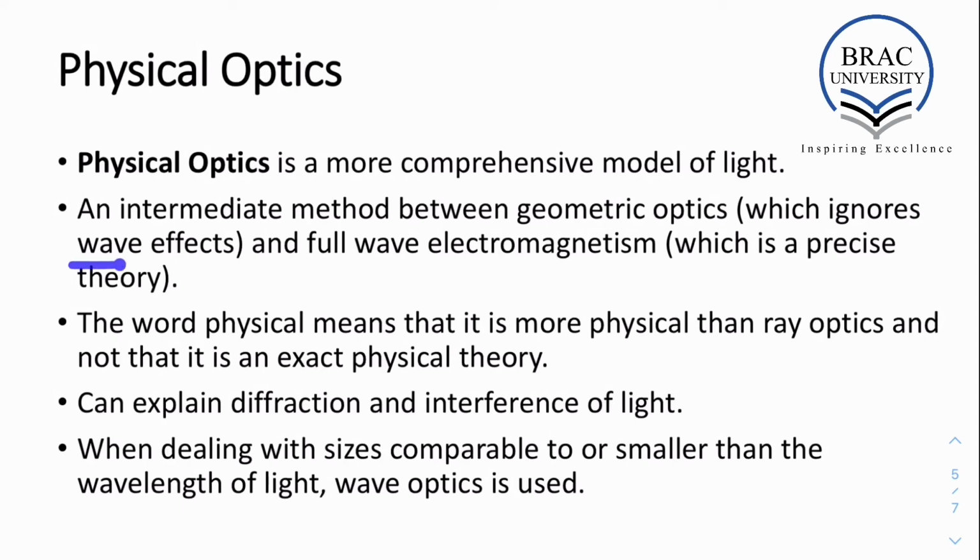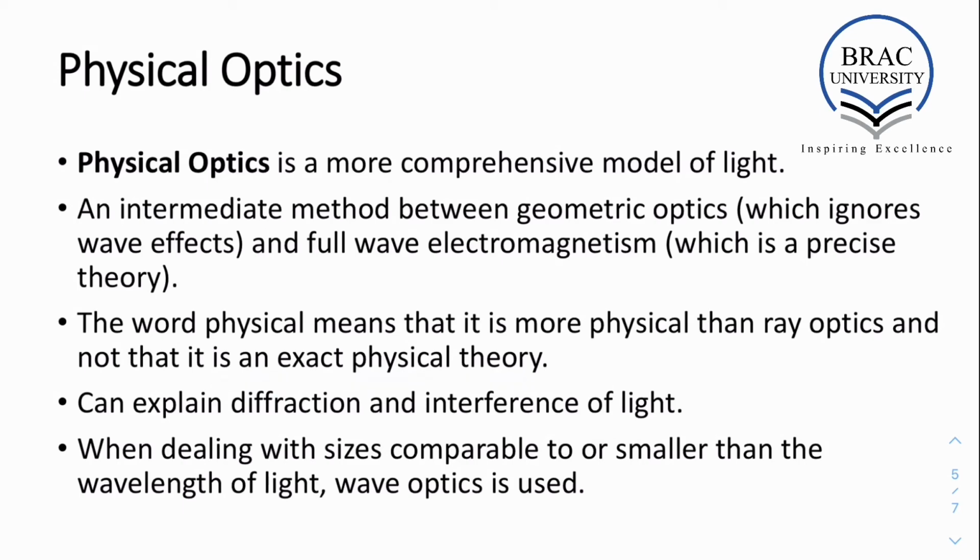Geometric optics fully ignores the wave effects. On the other hand, electromagnetism is a very precise theory, and physical optics is something in between. So in physical optics, light is a wave but not as complicated as the electromagnetic field. The word physical here means a little bit more physical than ray optics, but not the exact physical theory of light.